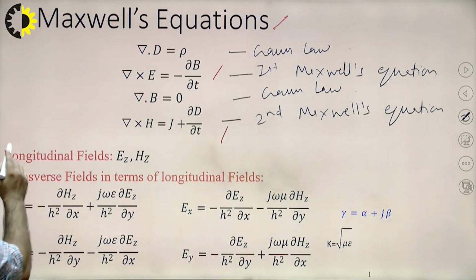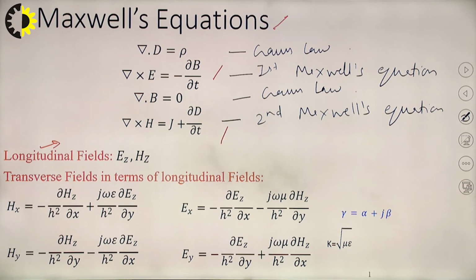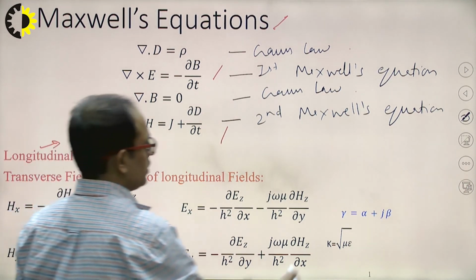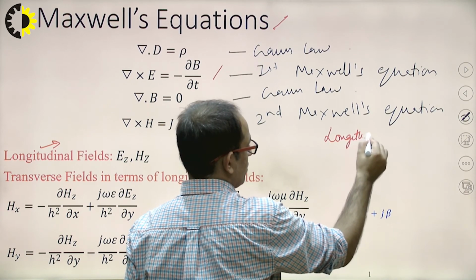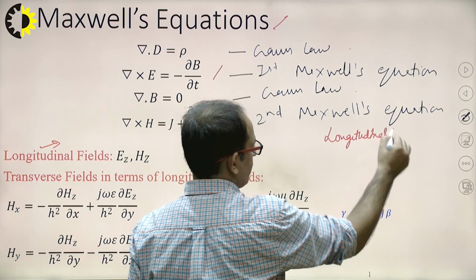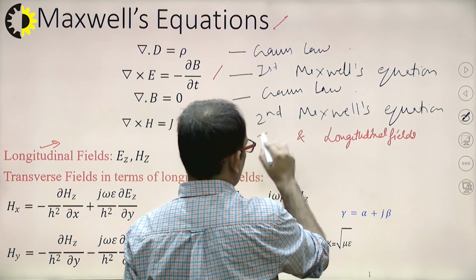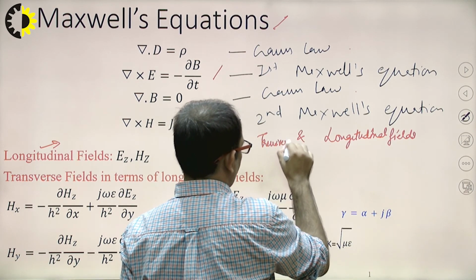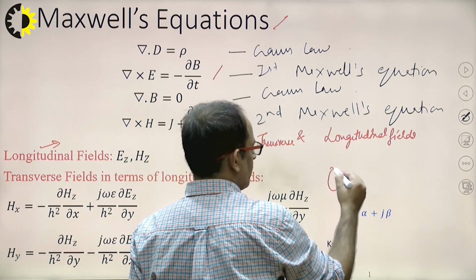Now, what are the longitudinal fields and what are the transverse fields? There are two types of field, known as the longitudinal fields and the transverse fields.